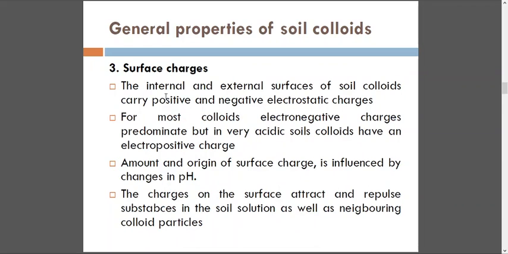Then the third property is surface charges. We see that the internal and external surfaces of soil colloids carry positive and negative electrostatic charges. For most colloids that are available, they carry electronegative charges, or they are negatively charged.